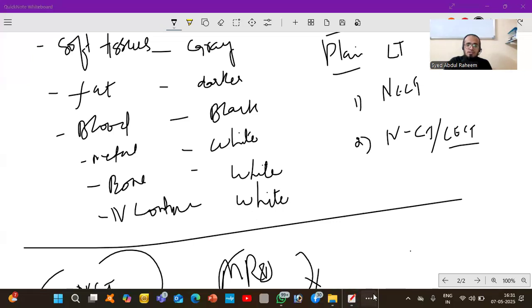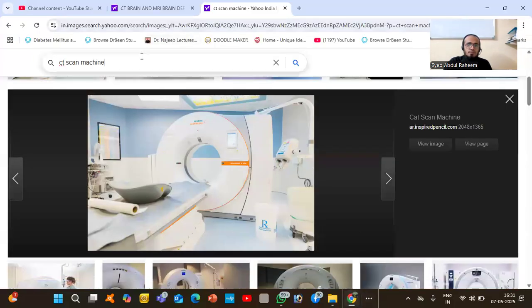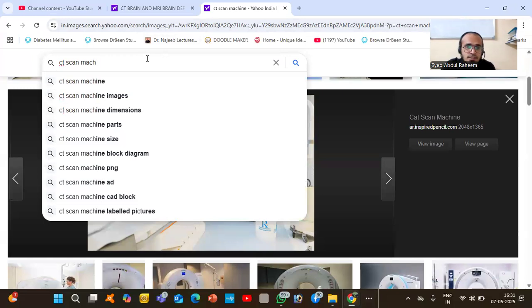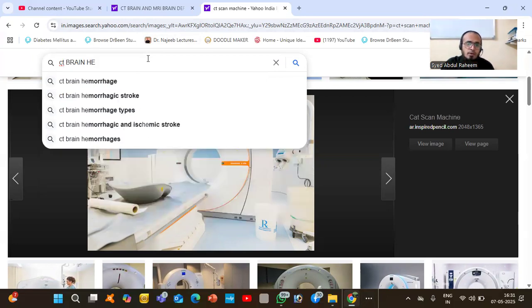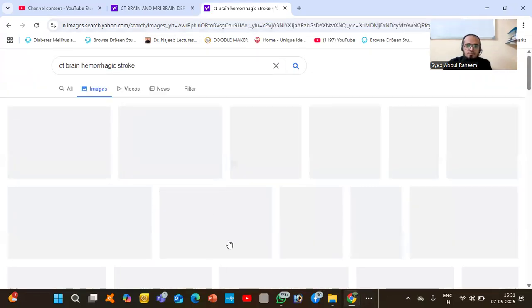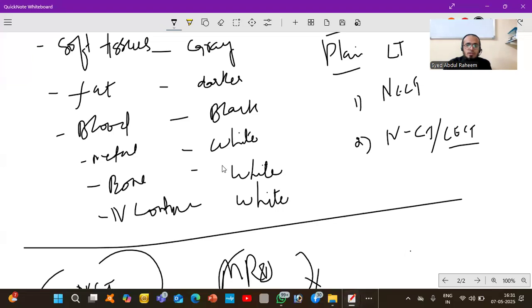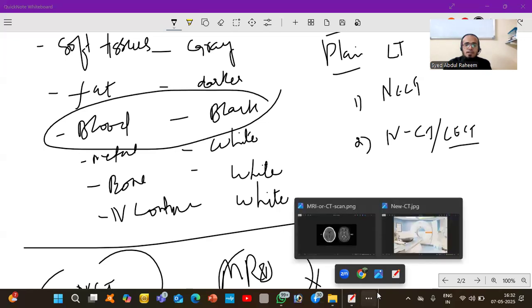So let's see one image here. I will type here, one is CT brain hemorrhage, hemorrhagic stroke. Okay, let's see that. So we wrote here that blood is in black color. So let's see one image regarding that.